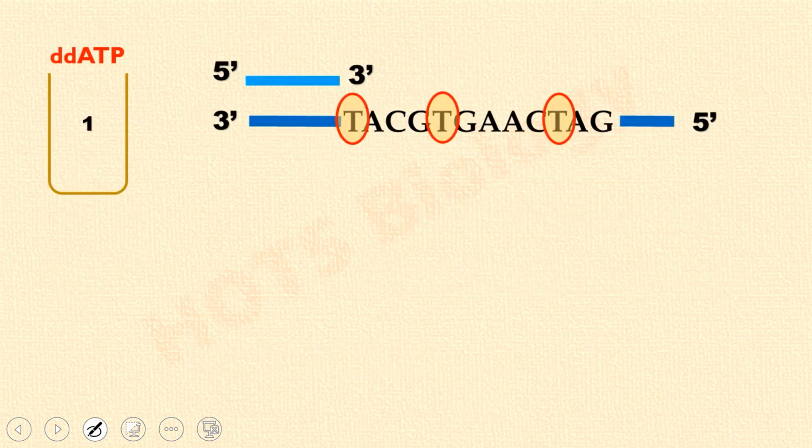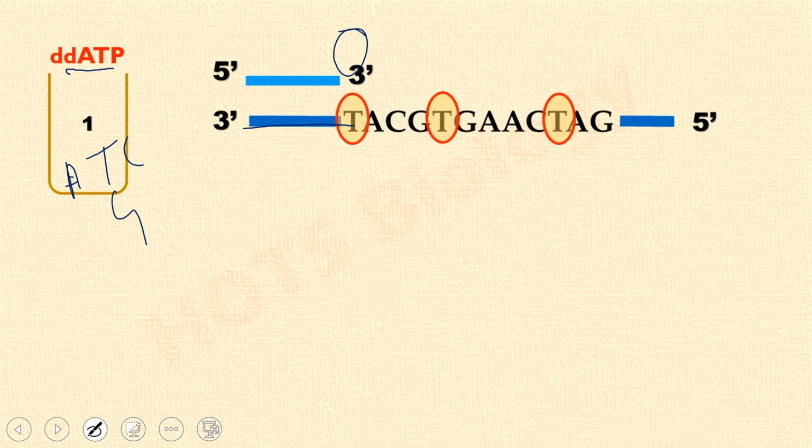So what we are going to see here is each tube separately. Think about the first tube, which contains ddATP along with adenine, thymine, cytosine, guanine. This is my template strand, and DNA polymerase is bound there and is going to add the nucleotides.